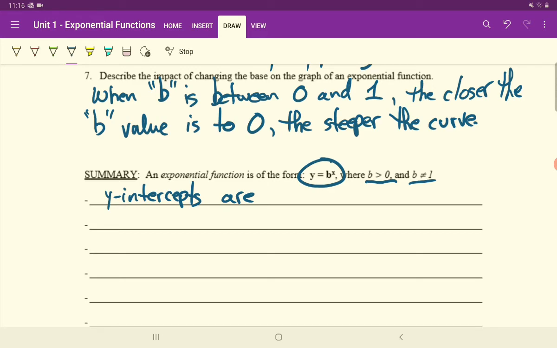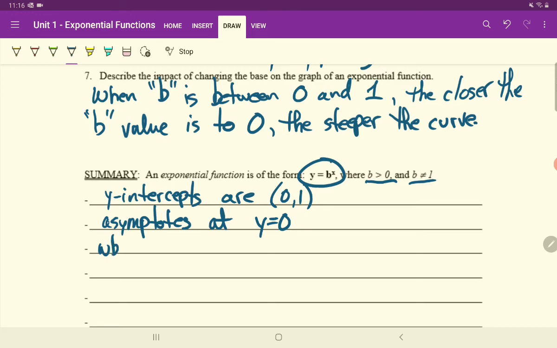There's no horizontal stretches or compressions or shifts up or down, or left or right. This is strictly for just y equals b to the x. The y-intercepts are (0, 1). Asymptotes at y equals 0.